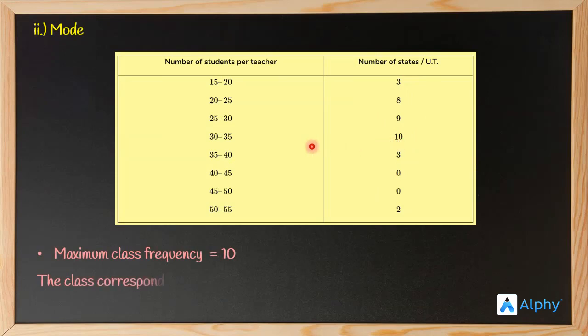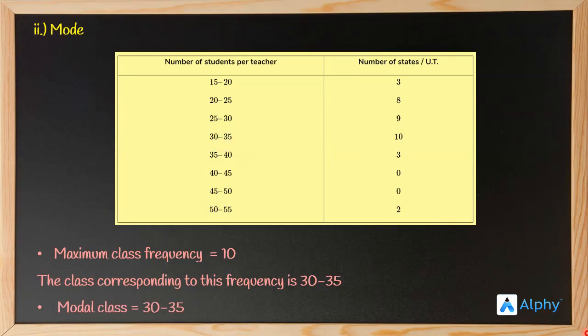The class corresponding to the maximum class frequency is 30 to 35. So we can say that our modal class is 30 to 35, because the modal class represents the class corresponding to the maximum class frequency.